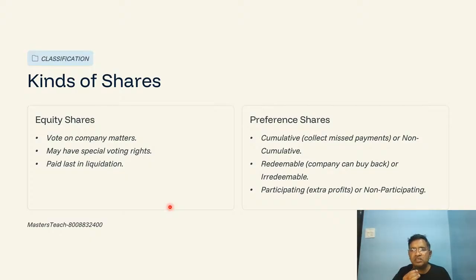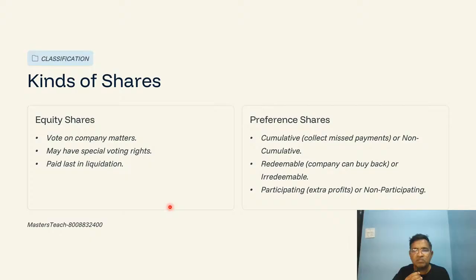Then redeemable shares: when the company buys back, at that time the shares can be redeemed. That is redeemable shares. Irredeemable shares cannot be bought back by the company. Then participating: if the company earns extra profit, that profit can be distributed to the preference shareholders.